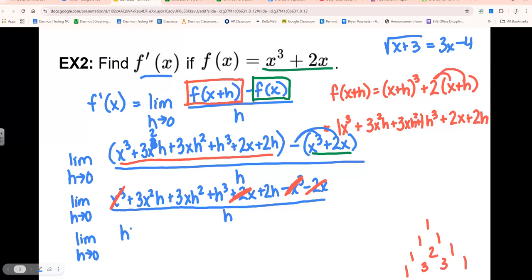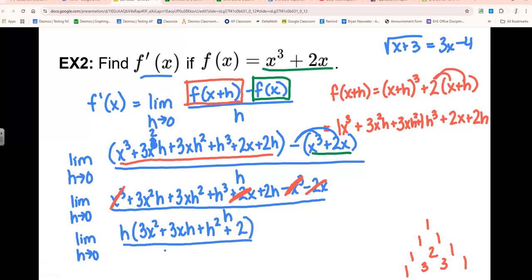So I'm going to pull an h out front, which means I'm just taking one h away from everything. So I've got 3x squared plus 3xh plus h squared plus 2, all over h. This h right here, it's getting ready to cancel, yes, because we factored this out.